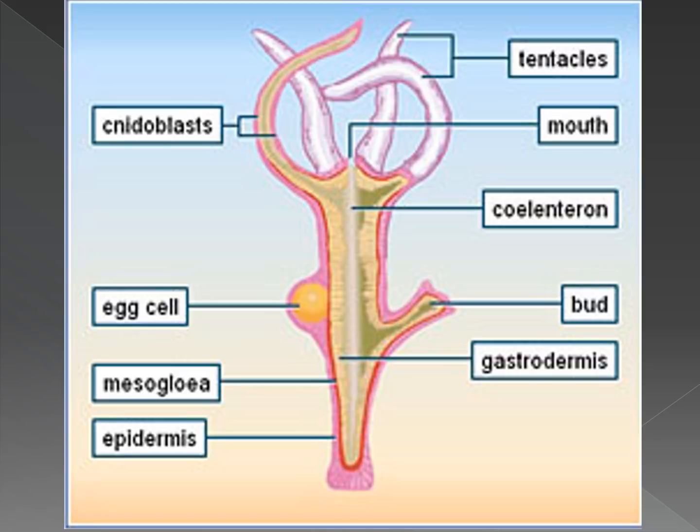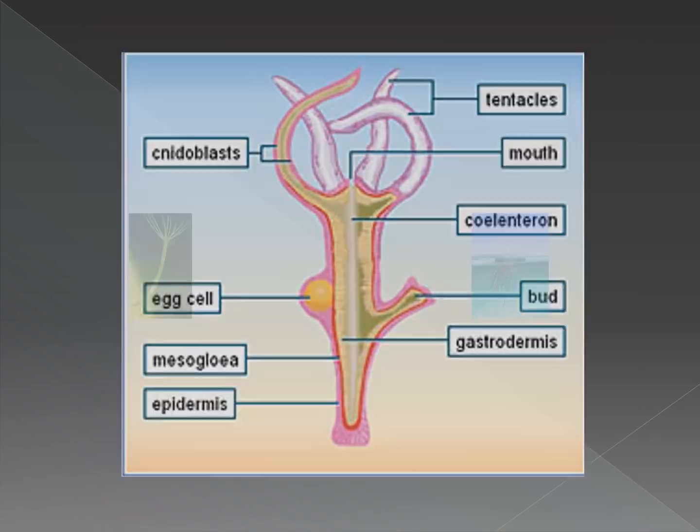It can either inject it into the prey, or inject it into the enemy's body. So the cnidoblast is used by these animals either to capture prey so that nutrition can be obtained, or, if the animal knows that it is in danger, it will inject the toxin through the cnidoblast into the enemy's body.